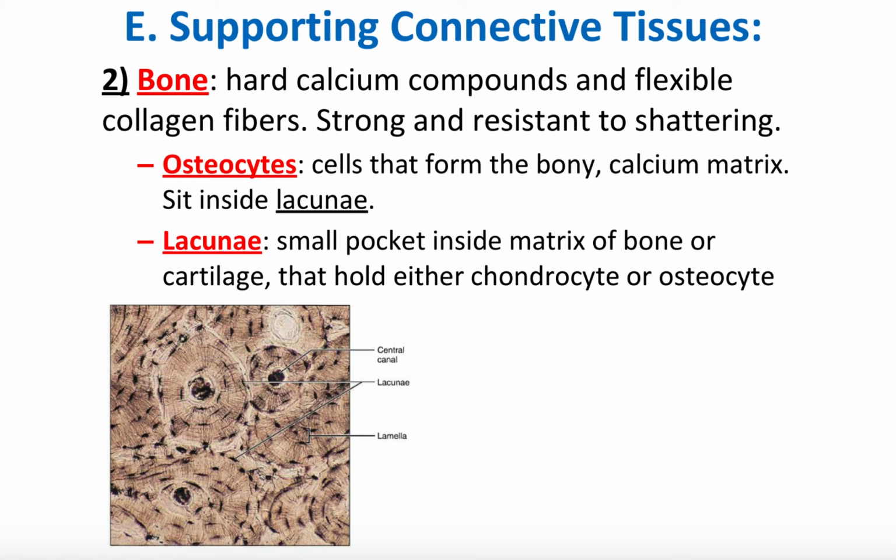So in this case, bone, unlike cartilage, is really hard, and it can be a little bit flexible, especially living bone, but it's hardened and kept really rigid and tough through calcium deposits.